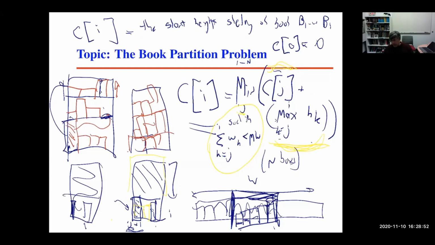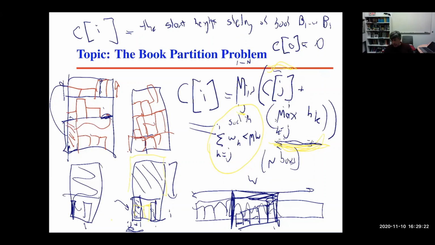Finding the maximum value in the range from I to J, if I did this in a brute force way, would be another factor of n. Does everybody see that? If I didn't do any pre-computing or anything smart, finding the biggest height of the books between J and I could be as big as n.